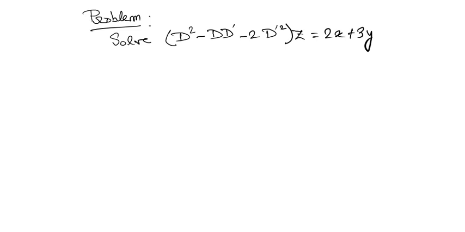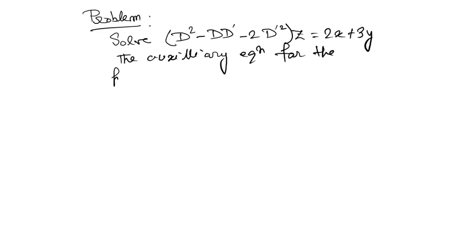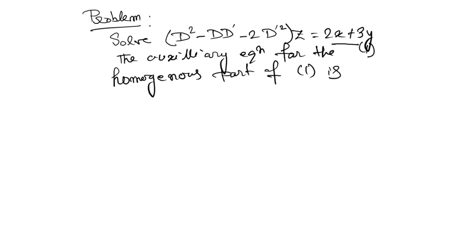So the complementary function is very easy. The auxiliary equation for the homogeneous part of 1 is very easy. Just simply write m in place of D and 1 in place of D dash. So that will be m square minus m minus 2 equal to 0.